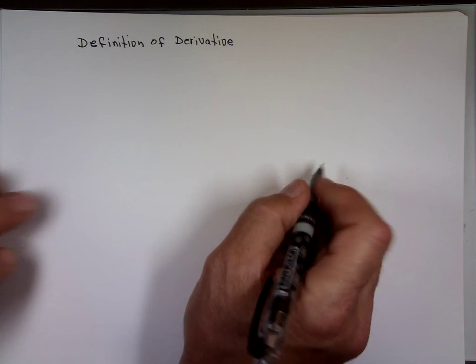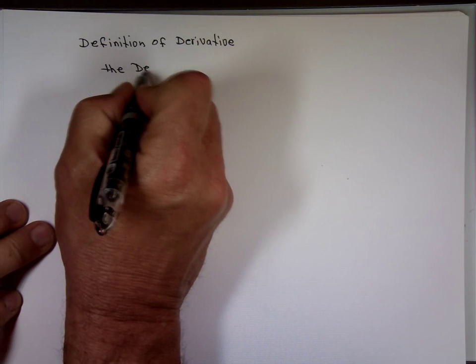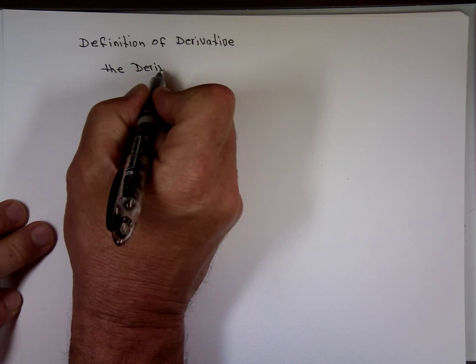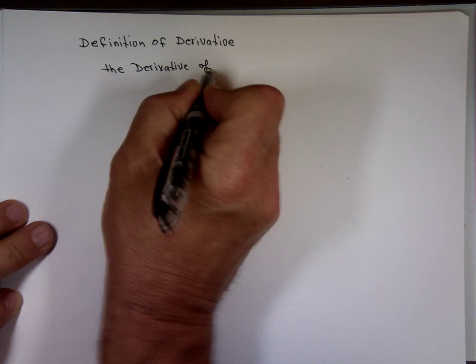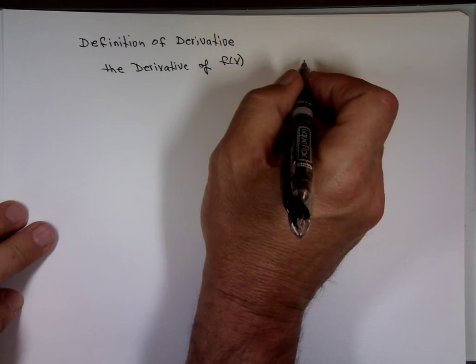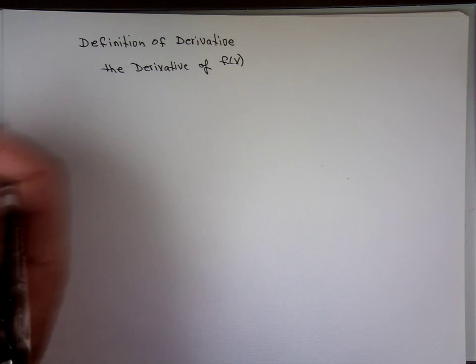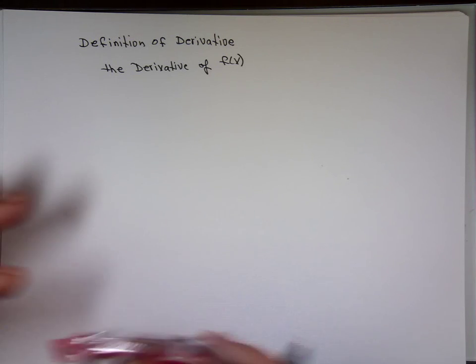So we write the derivative of f of x, or if you want f as a function of x, I can write it that way.